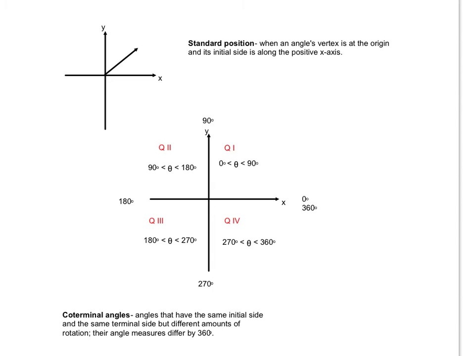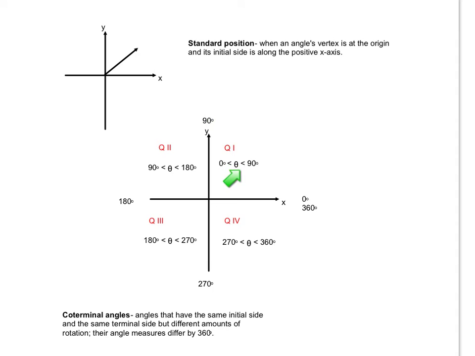And now we turn to page 3. Standard position. Standard position is when an angle's vertex is at the origin, so we're on the coordinate plane, and the initial side is along the positive x-axis. So here's your initial side, and here's the terminal side that's moving counterclockwise to give you a positive angle, and clockwise to give you a negative angle.